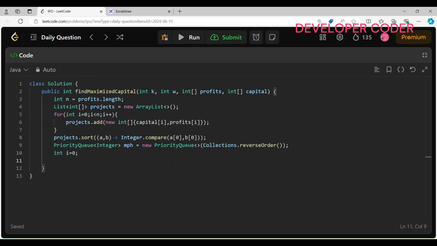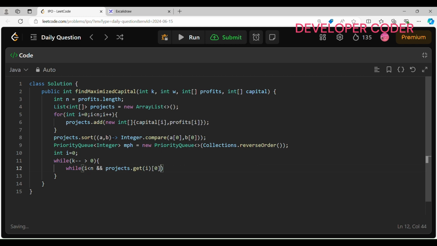Now after that let's run one loop while my k is greater than 0. Till then I need to use this while loop. Inside that run one more while loop while my i is less than n and projects dot get i, 0.